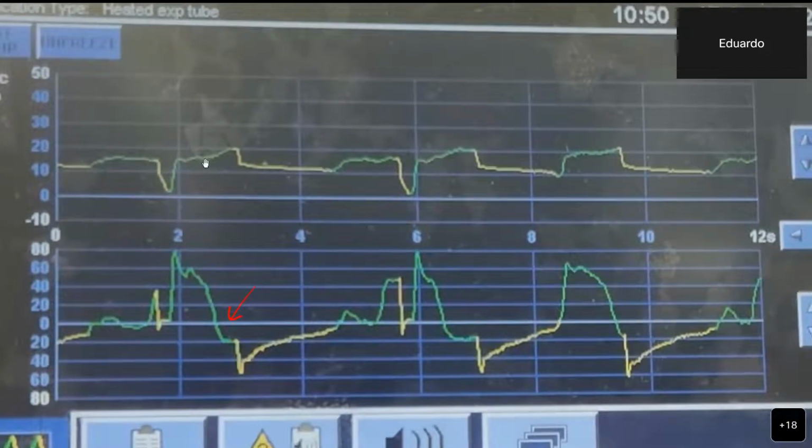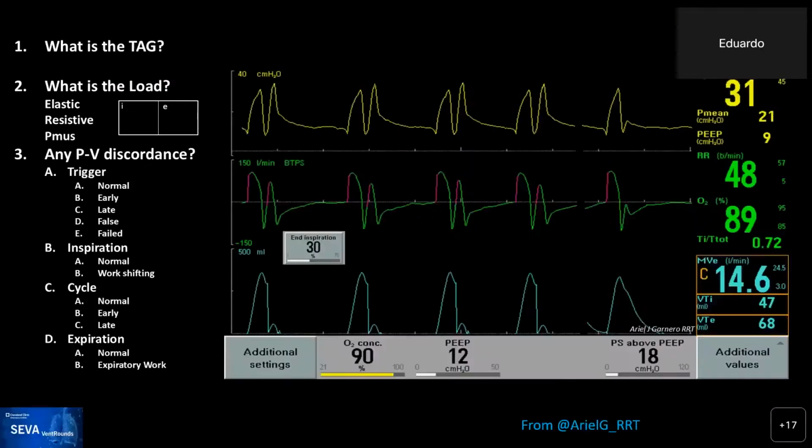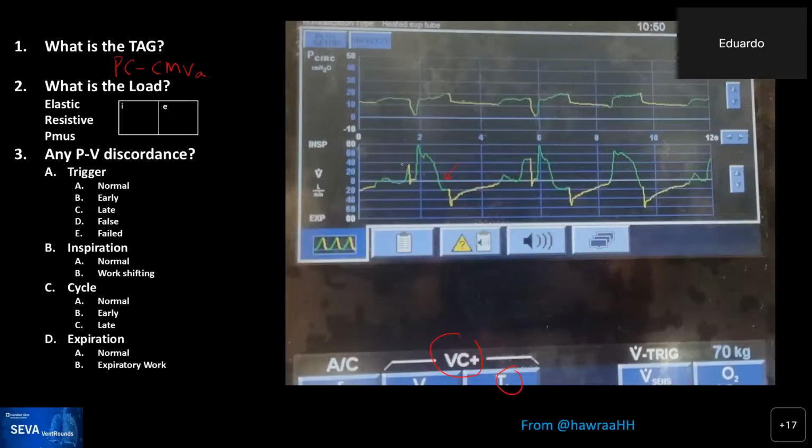The second one is probably a little bit higher, not that much. In the next one, maybe a little bit, but this one, it starts, there's effort here, so that doesn't count. But look at the last one. The pressure is much higher because the tidal volume was not achieved on the other ones. So that's what adaptive stands for.